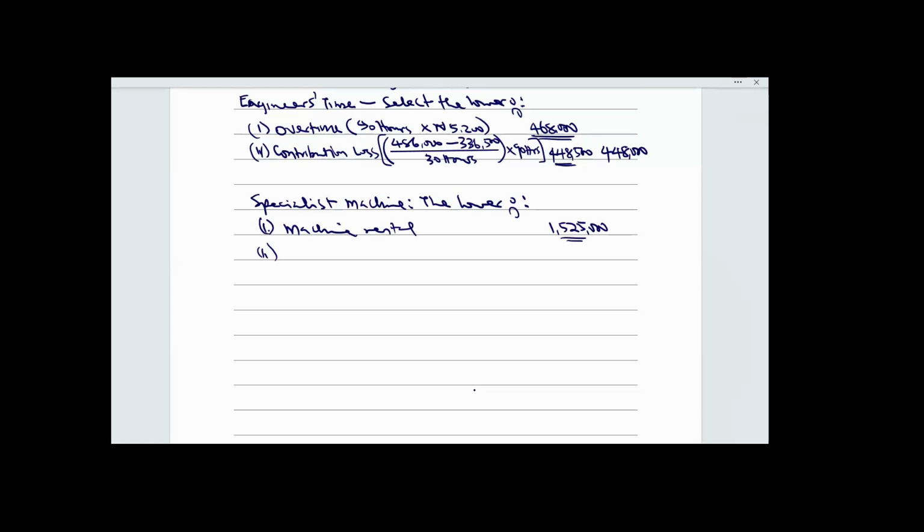So net purchase price: this is 16 million minus 14 million. So the actual cost that will be incurred on the machine is 2 million.